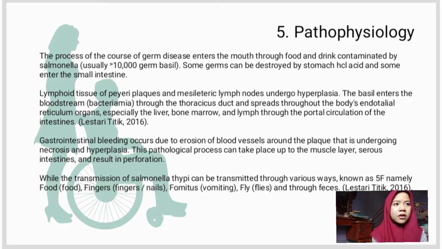Gastrointestinal bleeding occurs due to erosion of blood vessels around the plaque that is undergoing necrosis and hyperplasia. This pathological process can extend up to the muscular and serous layers of the intestine, and result in perforation.